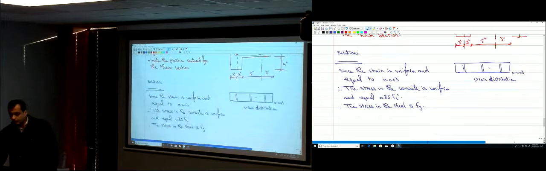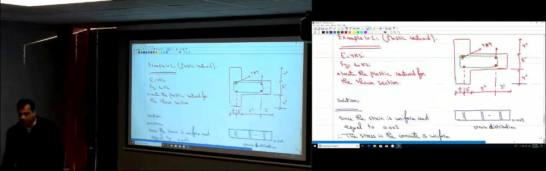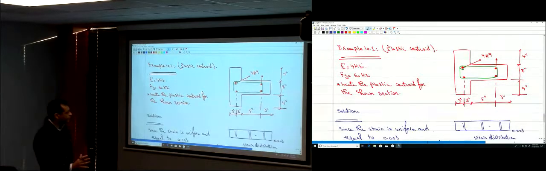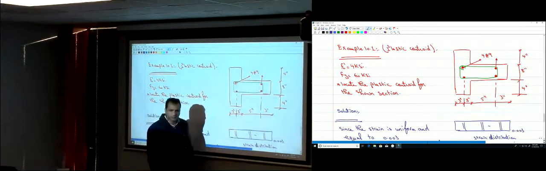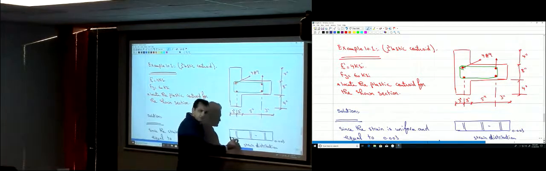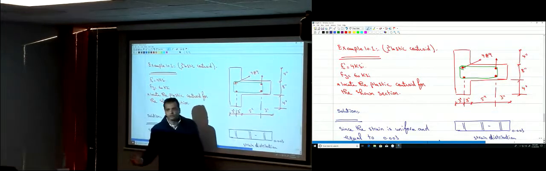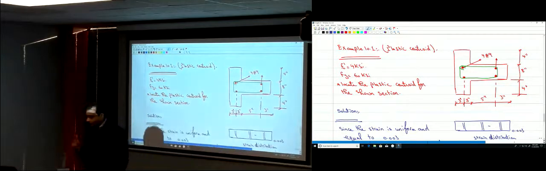Now, on this section there are forces that give you this strain distribution. There is an axial force, right? The location of that axial force that gives you this strain distribution is the location of the plastic centroid.